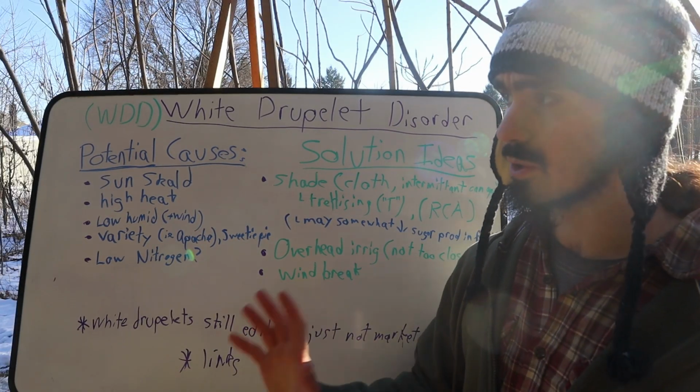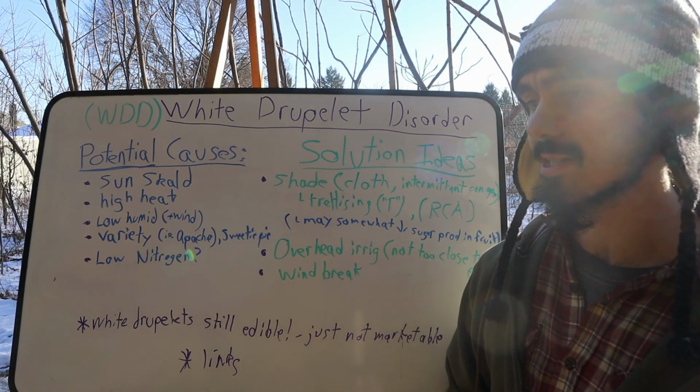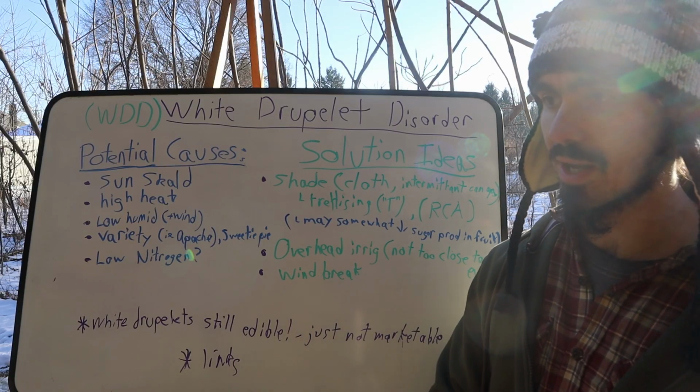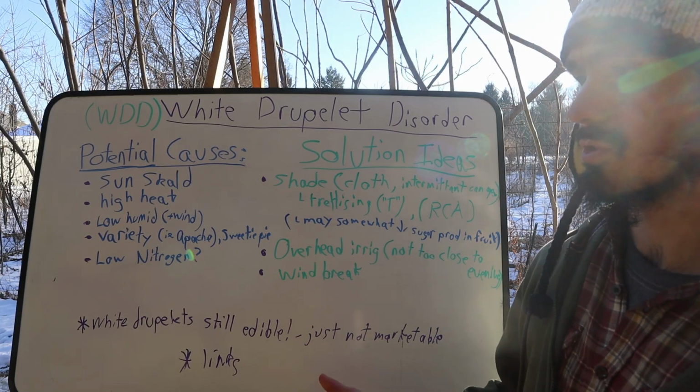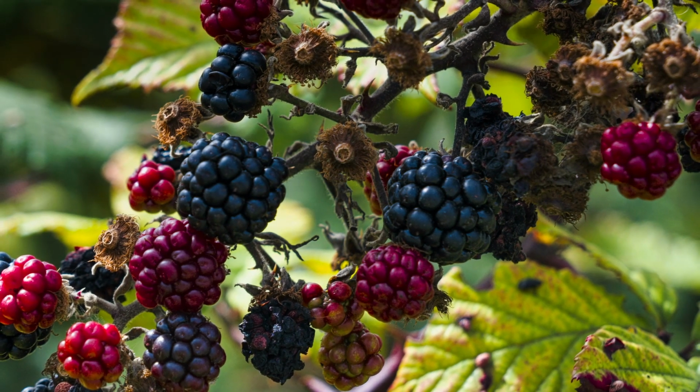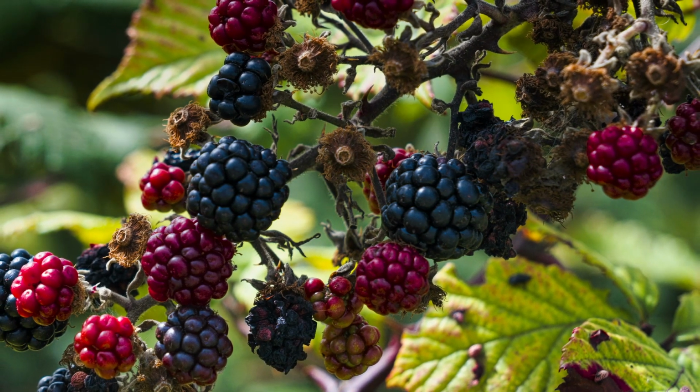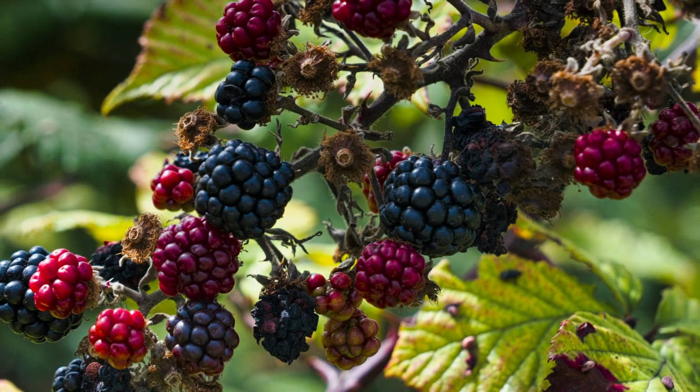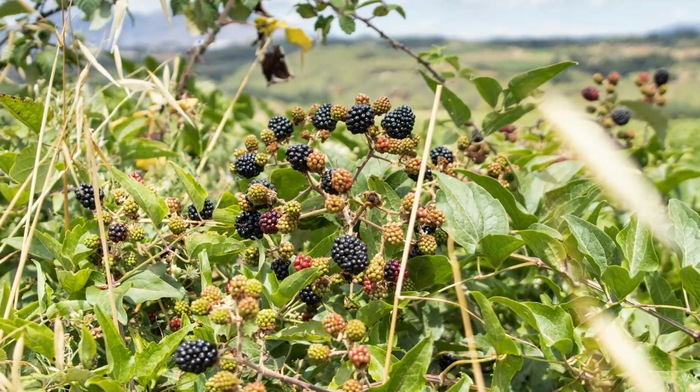Now sometimes when we do have more shade cast on either the plants and or the fruits, this can also slightly decrease the sugar levels in the fruits. We also have overhead irrigation that has been documented to be helpful with that as well.